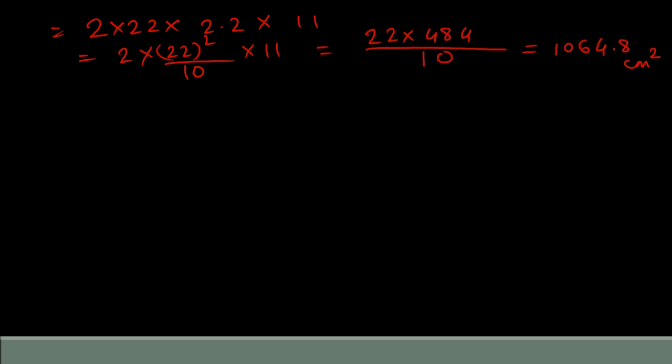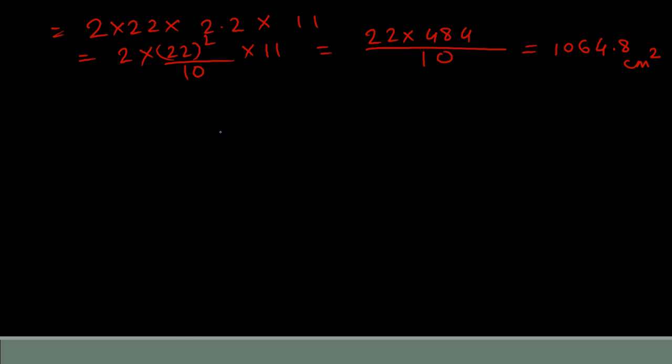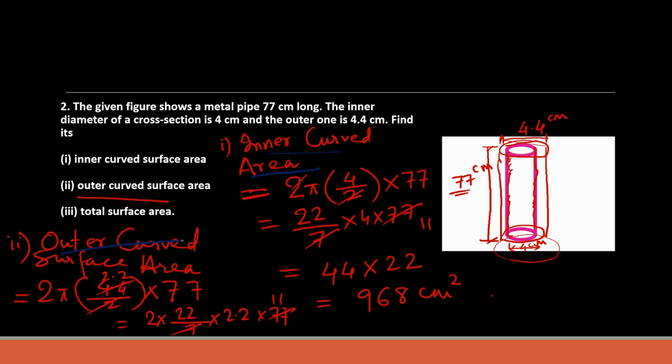Now let's say you have to find the last one, which is total curved surface area, right? What is the total curved surface area? So total curved surface area is inner curved surface area plus outer curved surface area, plus the surface area of this ring, this one.